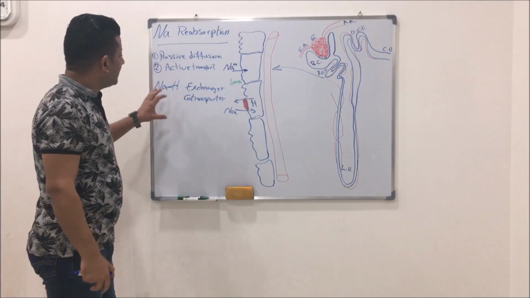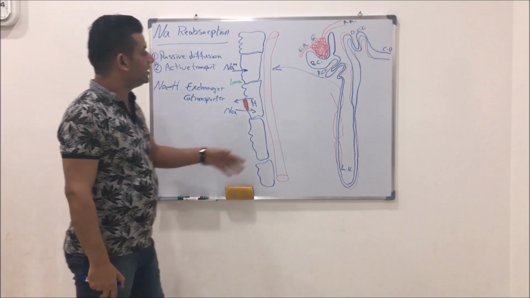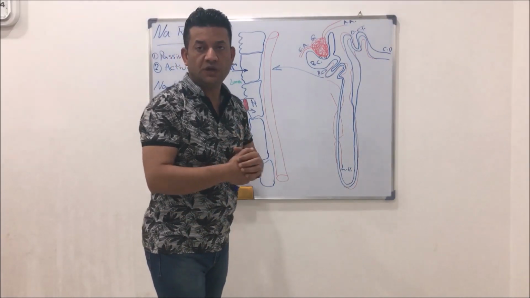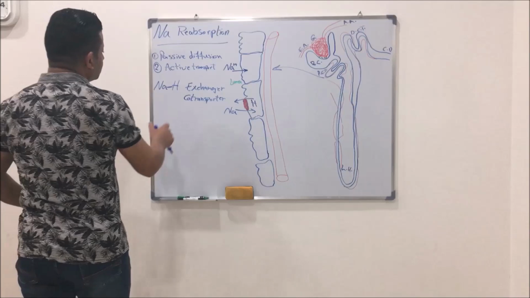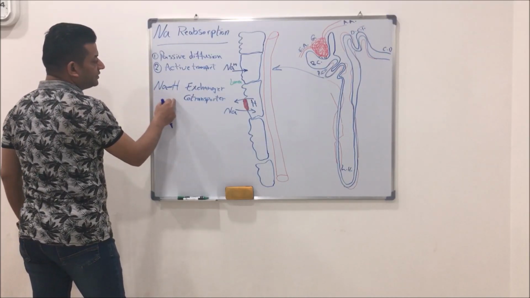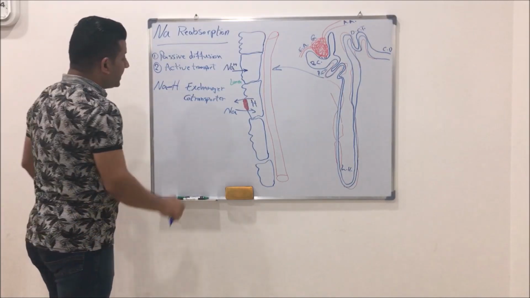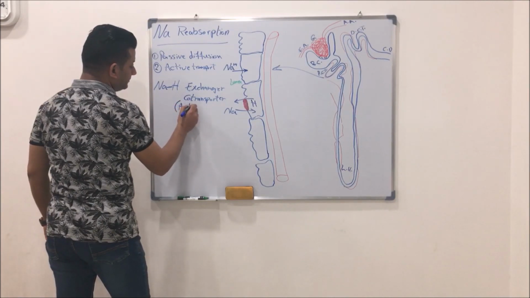However, the major mechanism of reabsorption of sodium in the proximal convoluted tubule, which is about 65%, occurs through the sodium hydrogen exchanger or co-transporter. And here the transport is called antiport.